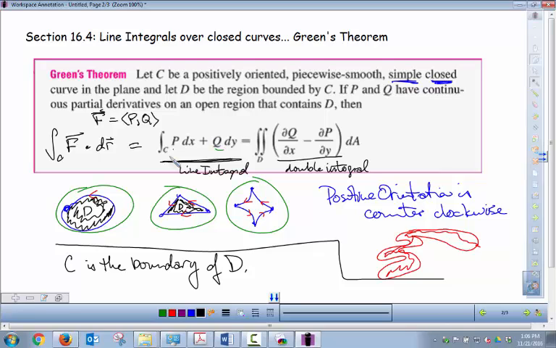All right, well, I'm not going to go through a complicated proof because it could get complicated. So I just want to do a couple of examples to show you how Green's theorem works. So I think I might have some in my notes.